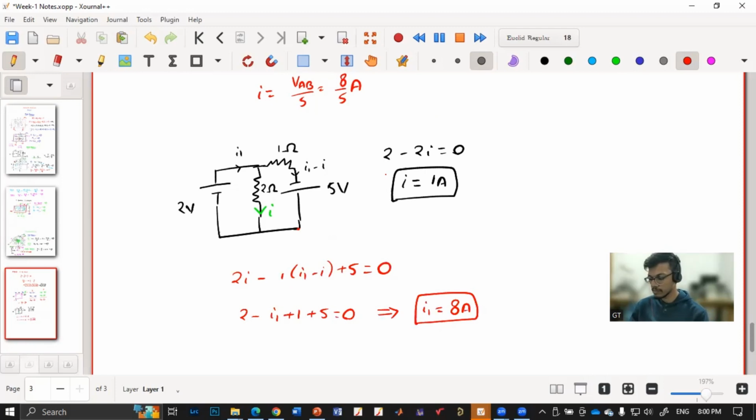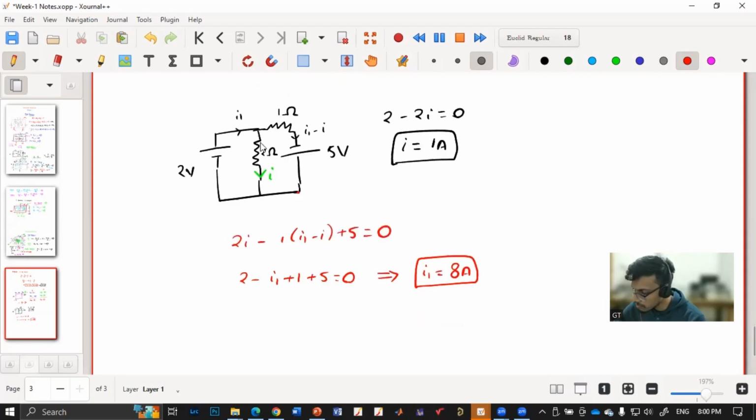So 1 ampere is going here and 7 amperes is going there. Is that okay? So this is 2 volt, right?